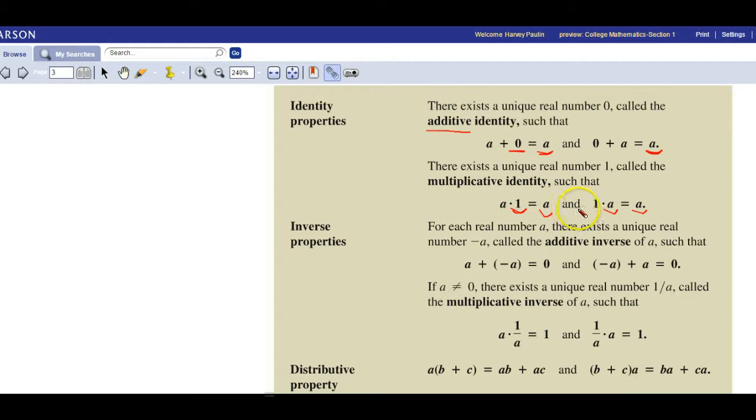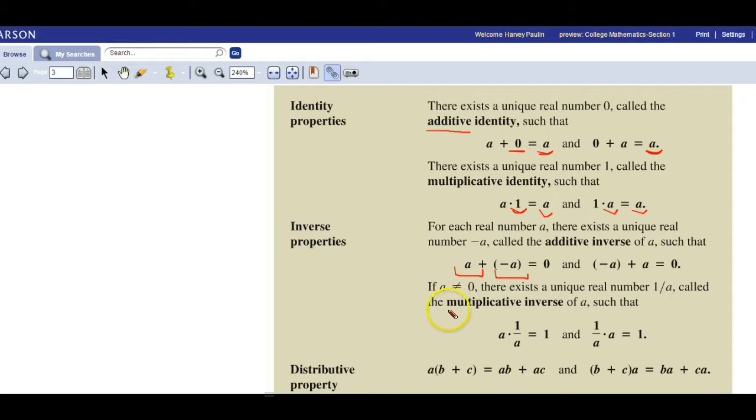It's going to look different, but it's still equivalent. Okay, then we have what is called the inverse properties, where if we have a value, A, and we add its opposite, that is a negative A, the sum of this is 0. That's often referred to as the additive inverse, and it works in the commutative sense as well.